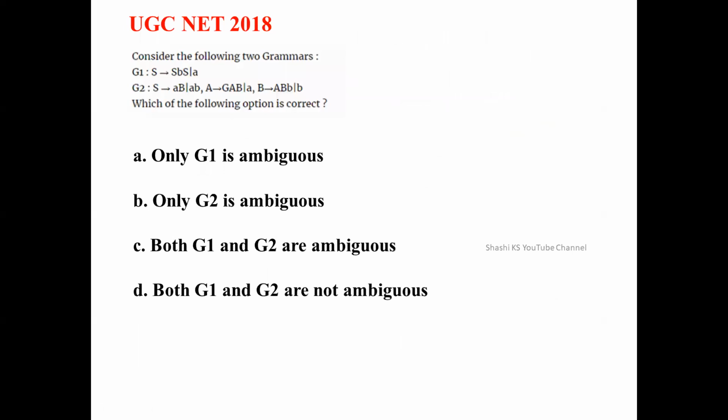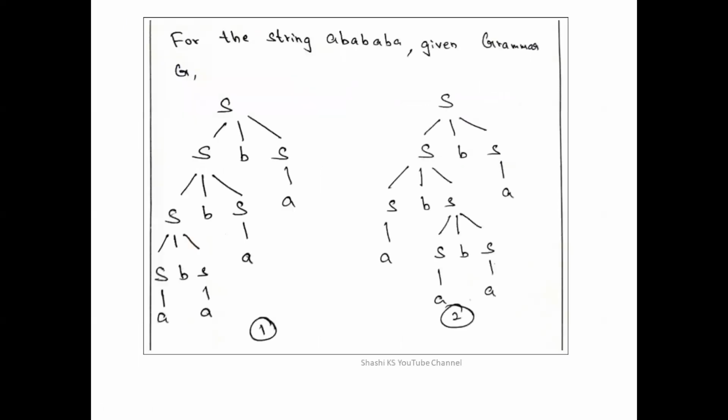So now coming back to our question, they have given this grammar and they have asked whether both the grammars are ambiguous or both are not ambiguous. We have to find out. For the first grammar, I have taken the string ABABABA. I have used the production S derives SbS, and then again I have expanded it to S derives SbS.